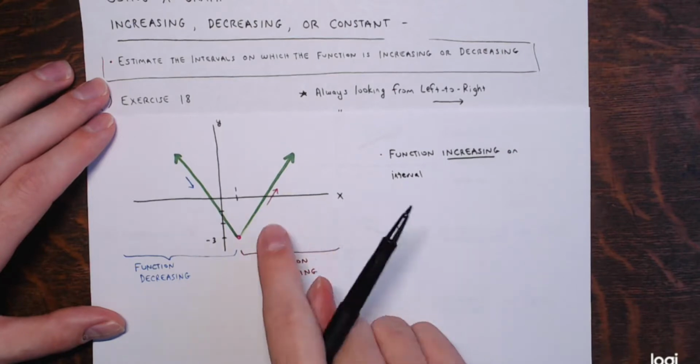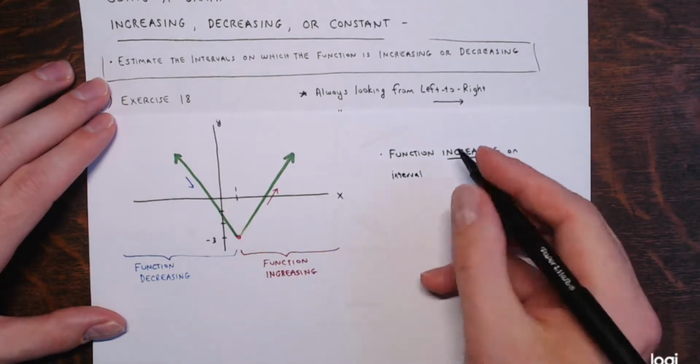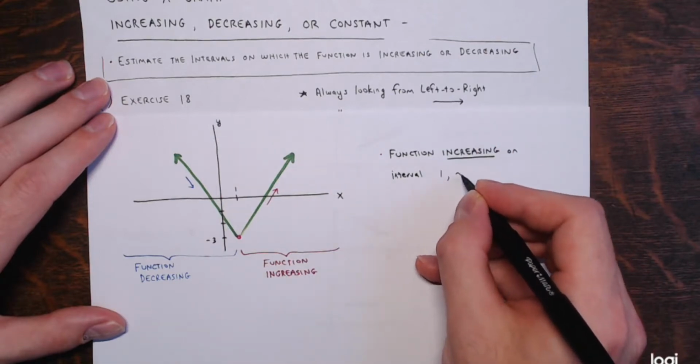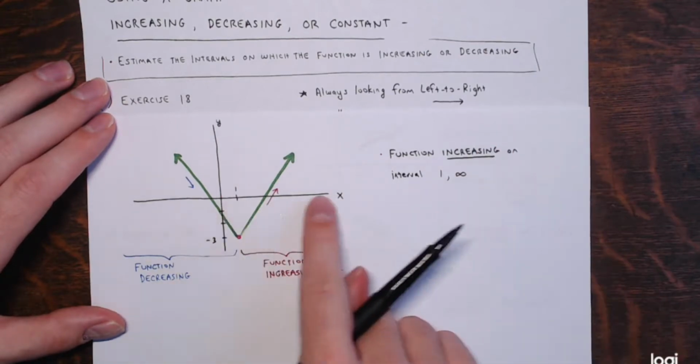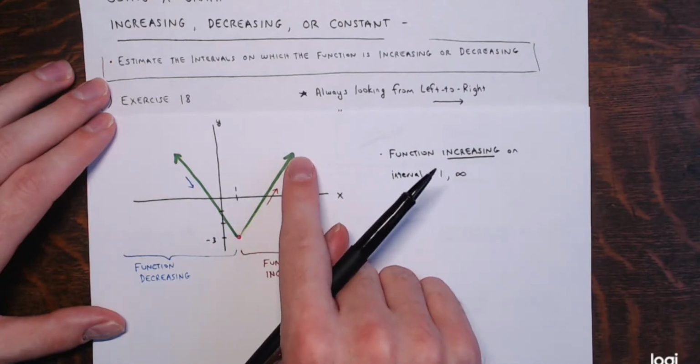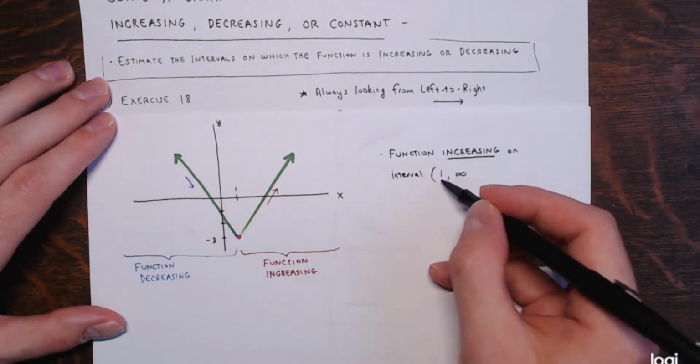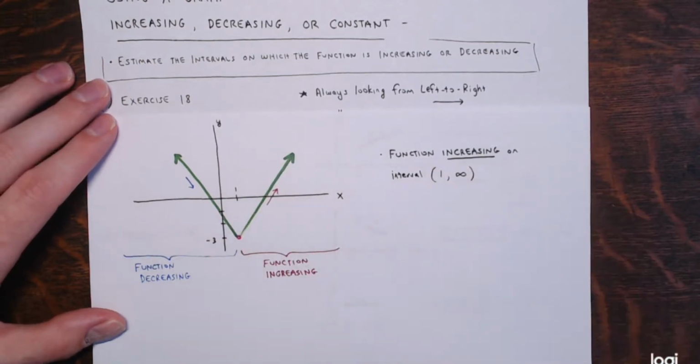So the function's increasing on the interval from 1 to infinity, because from x equals 1 onward to the right, going left to right, the value of the function, the y value, is going up. The graph is going up. And again, make these open intervals, just put parentheses on the ends. Great.